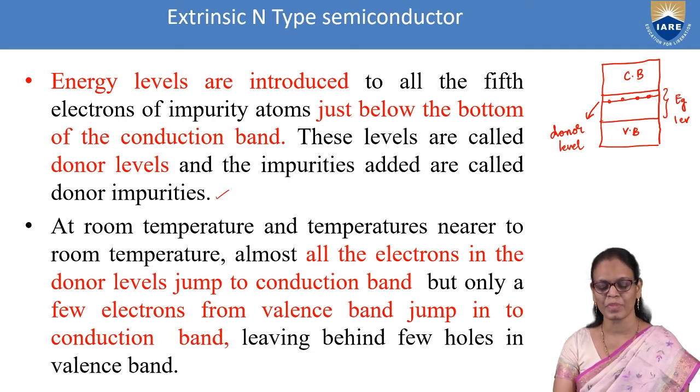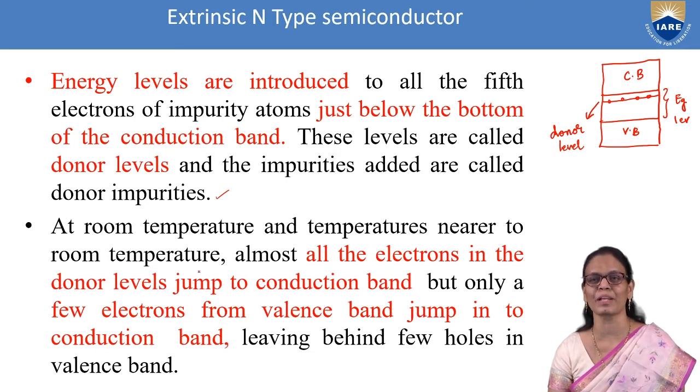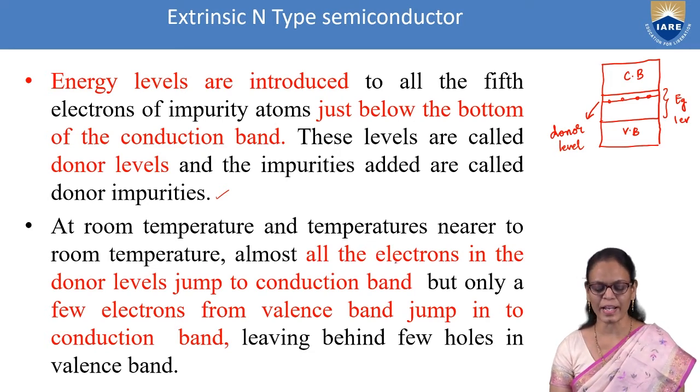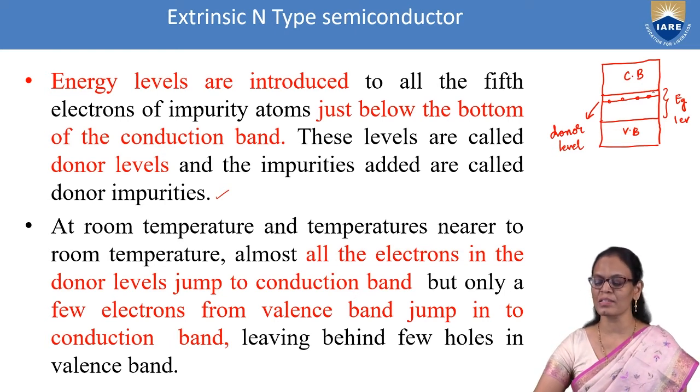Now, at room temperature and temperatures very near to room temperature, all the electrons in the donor level jump to the conduction band because they are lying very near to the conduction band.